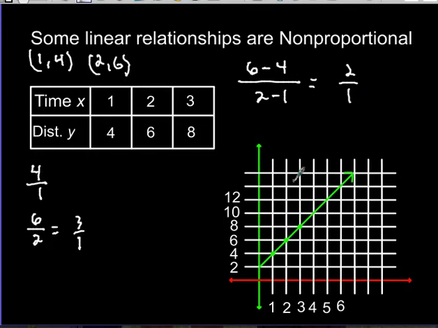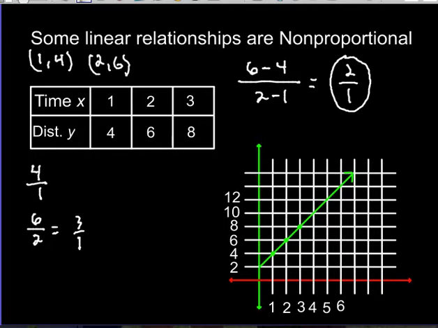And that would have worked for any set of ordered pairs that we chose on this line. So it still has a constant rate of change that's going to work with any two ordered pairs. But it does not have a number that shows that it is proportional because it's not proportional. Does that make sense? So every line will have a constant rate of change, but not every line has a number that shows it's proportional.